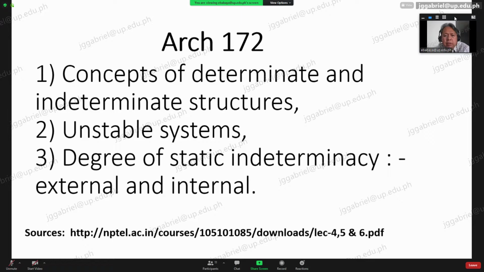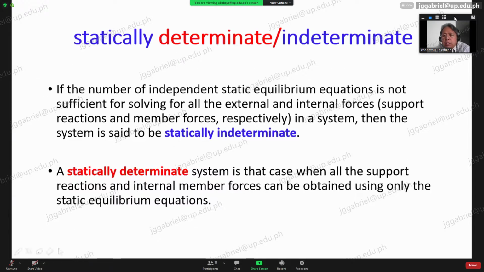Okay, so the title of this presentation is about the concept of determinate and indeterminate structures. What are unstable systems? Then how to determine the degree of static indeterminacy, whether external or internal. What do we mean by statically determinate and indeterminate?